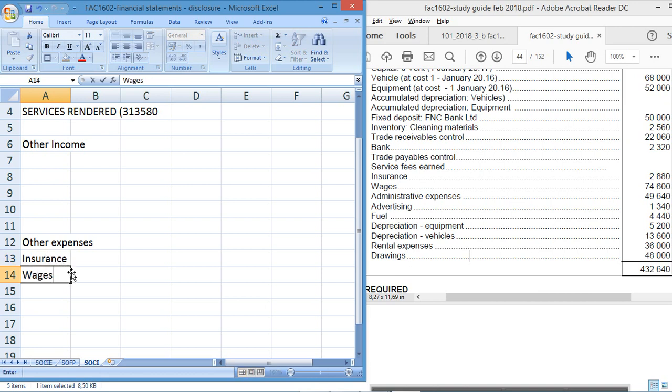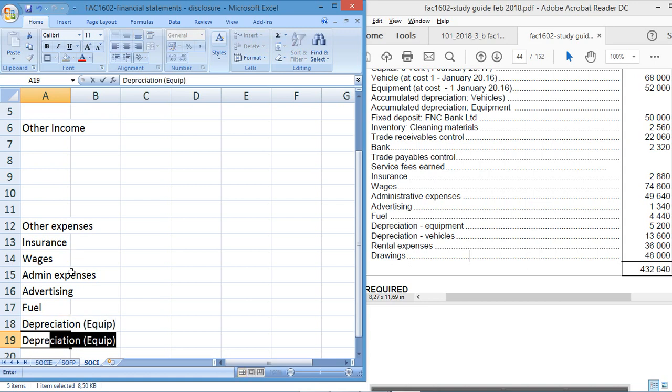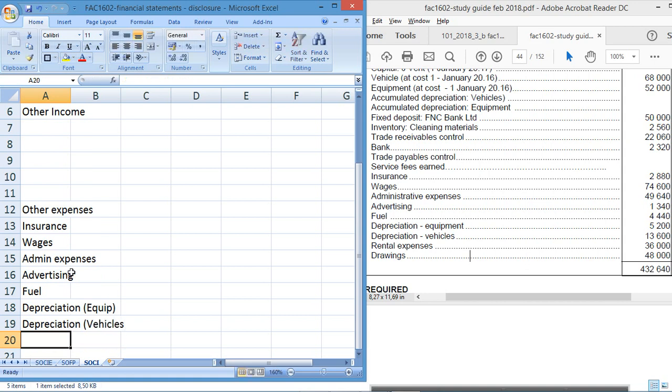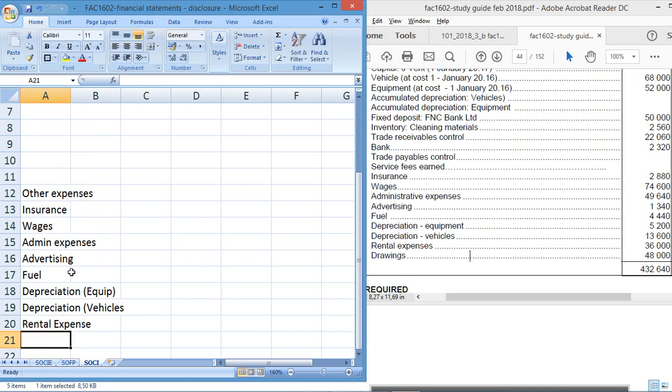Okay, just read them out. Wages, admin expenses, advertising, fuel, depreciation on equipment, depreciation on vehicles, and then rental expense. What else? That's it.